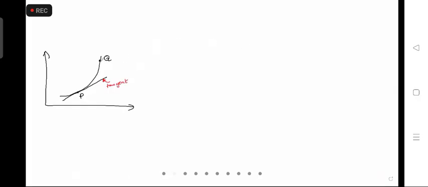Now I mark another point on the curve called Q, and I draw a line using these two points.